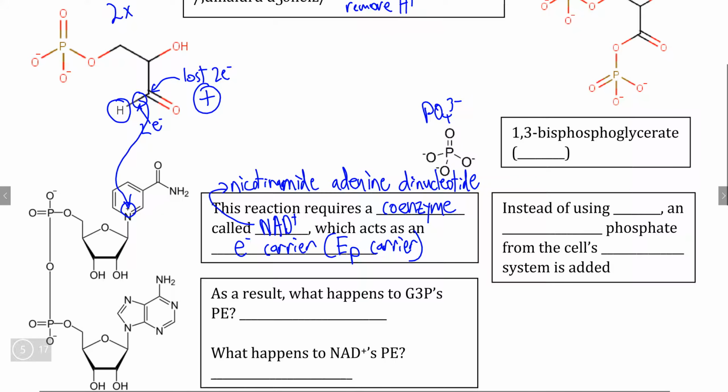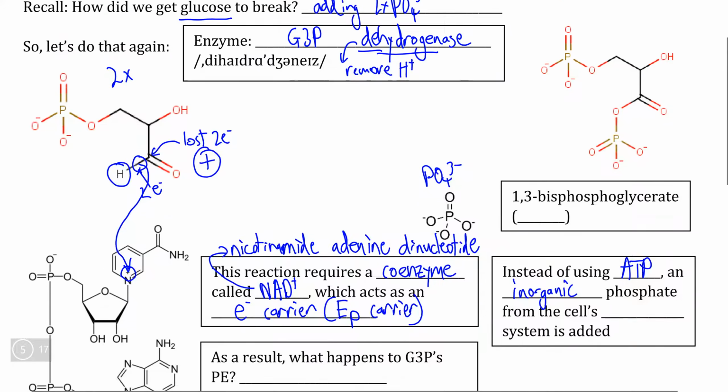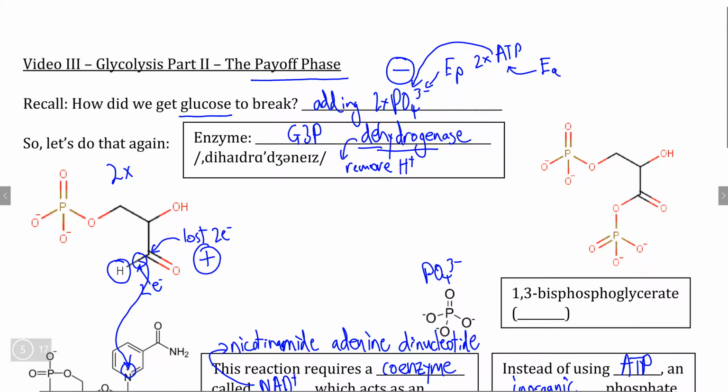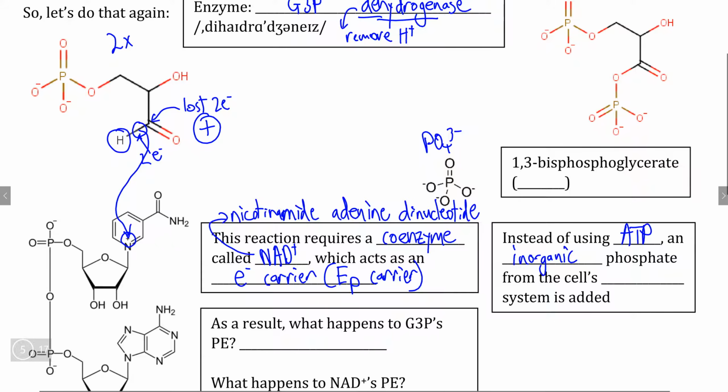Now, this is important because this phosphate is what we call an inorganic phosphate, meaning this phosphate is not actually attached to an ATP molecule, because remember, we want to minimize the use of ATP wherever possible because we don't want to spend energy in order to produce energy.